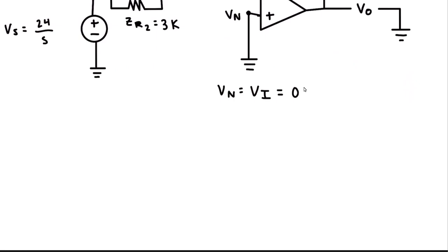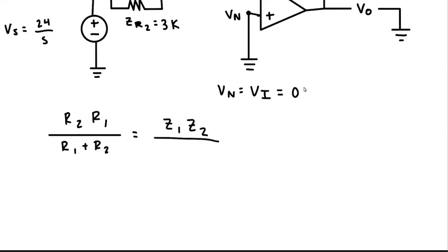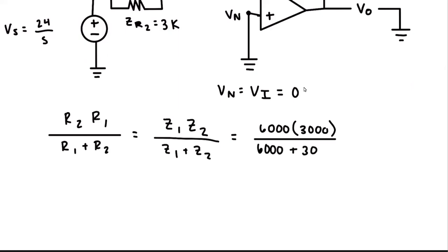So for the impedances in parallel, we will be using the formula of R1 times R2 over R1 plus R2, which in our case, using impedances, will be Z1 times Z2 divided by Z1 plus Z2. And inputting our values, we get 6,000 times 3,000 divided by 6,000 plus 3,000. And we get an overall impedance for the parallel impedances of 2,000.